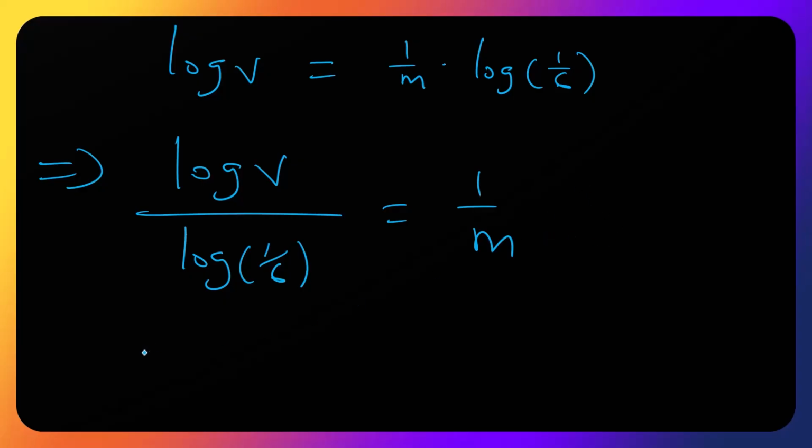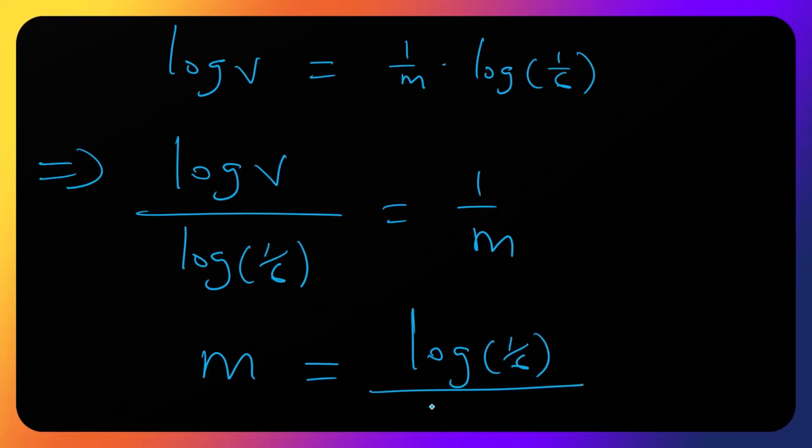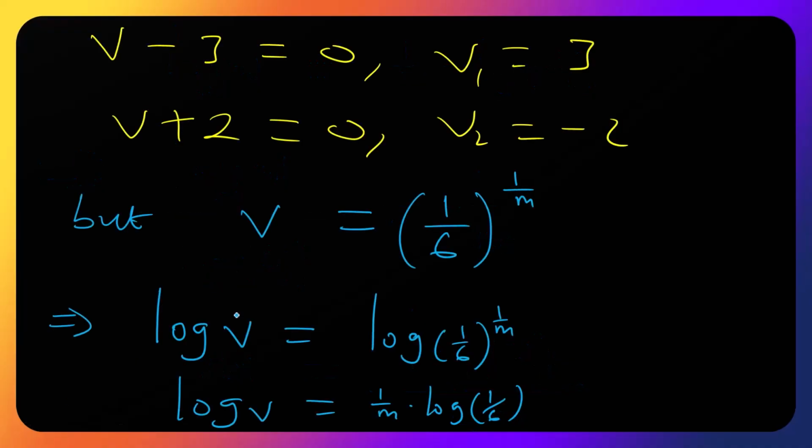So my m here will be log 6 over log v. Now, since we can't take log of a negative number here, we omit this one.